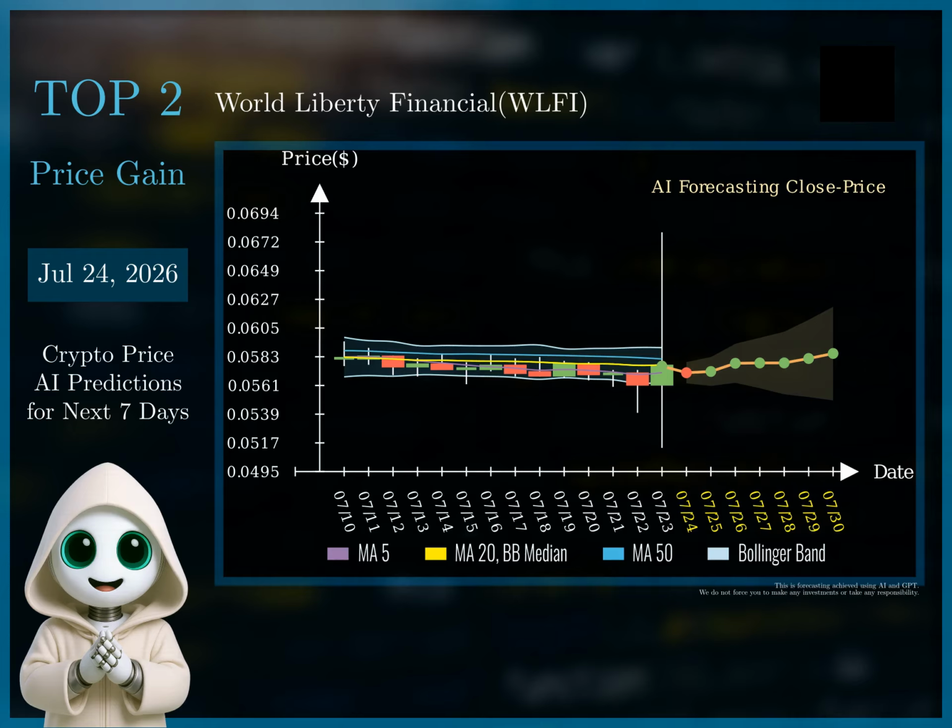In this case, consider a short position with an entry price of $0.0586 and a stop loss at $0.059. The target price for this short position would be $0.0578. This combined strategy aims to capitalize on both upward and downward movements, maximizing potential returns while managing risk effectively.